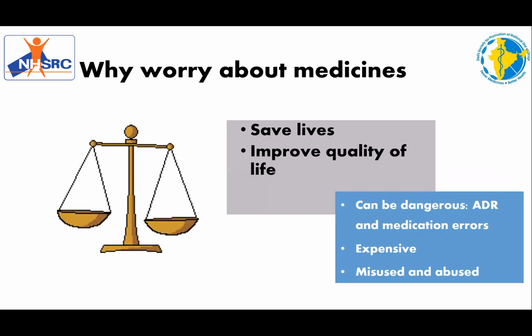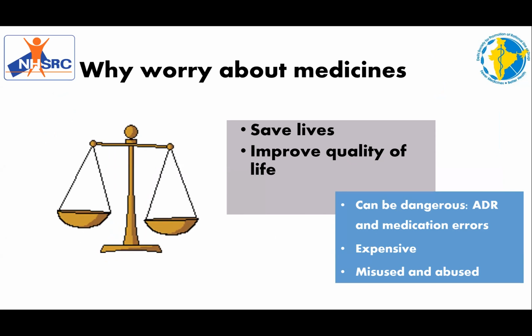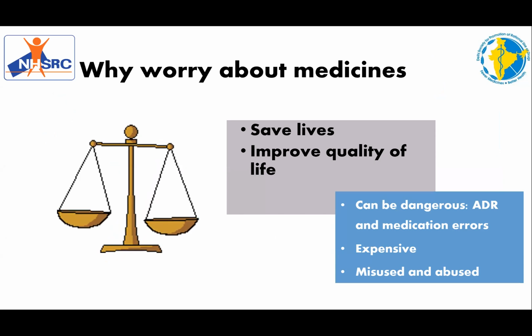Rational therapeutics is very important, because medicines are lifesavers and improve quality, but they can be dangerous too, because of the side effect profile, because they may be given in error, and of course they are expensive also. At least I am concerned about 3 classes of medicines.